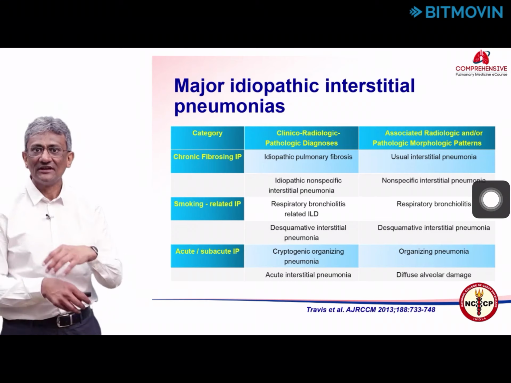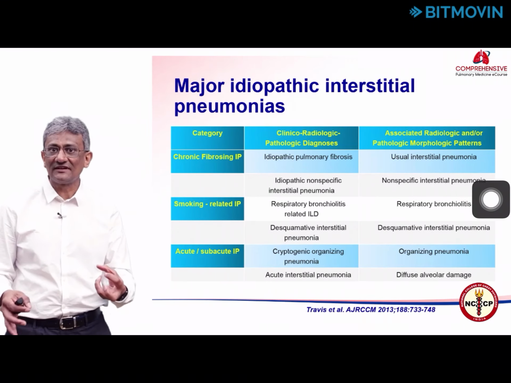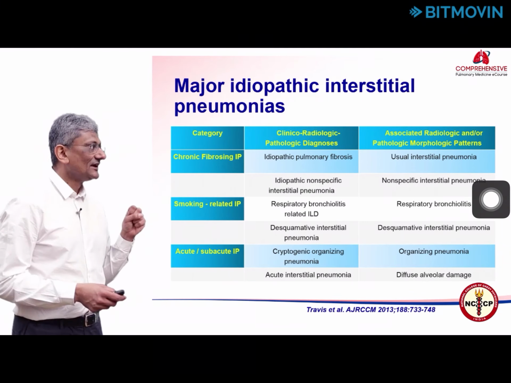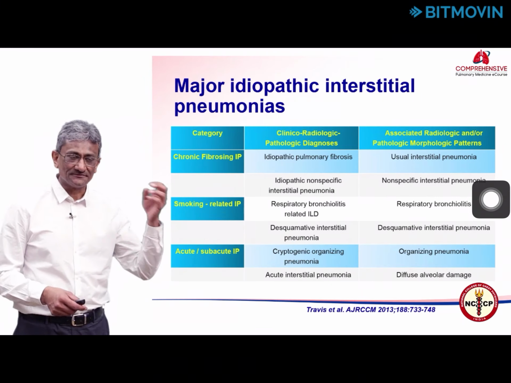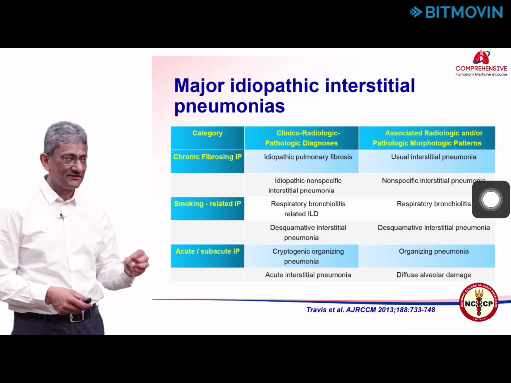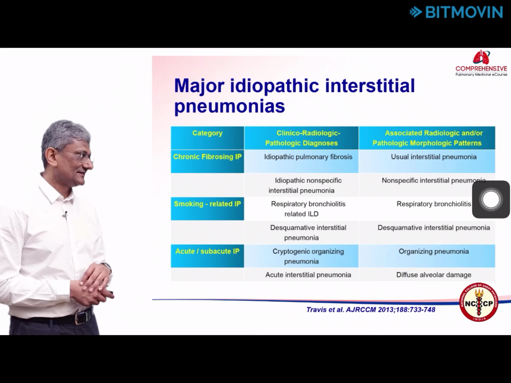If it is subacute, it is typically an organizing pneumonia pattern. If the patient is an ever smoker, then we are dealing with RBILD or DIP. And if the patient has a longer history and we see evidence of a fibrosing ILD, then we are looking at either IPF or NSIP.